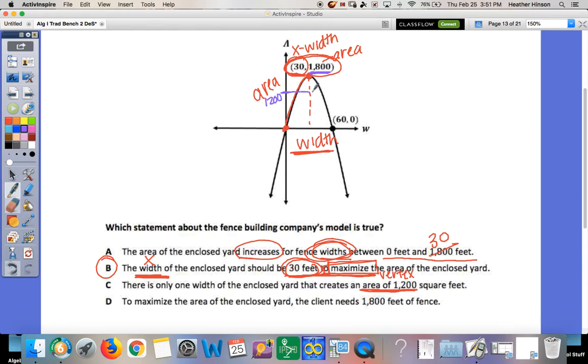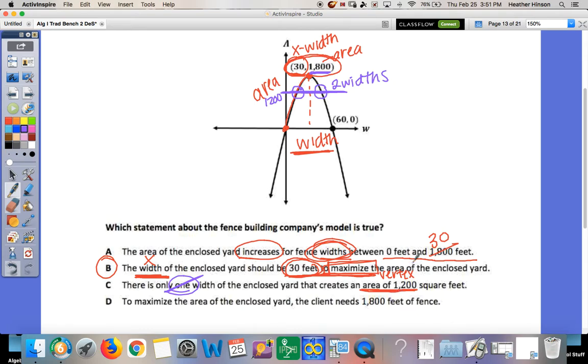So is there only one width for that 1,200? It says we only have one width. No, we have one on the increase side and one on the decrease side. So we have two widths. So that one's incorrect.